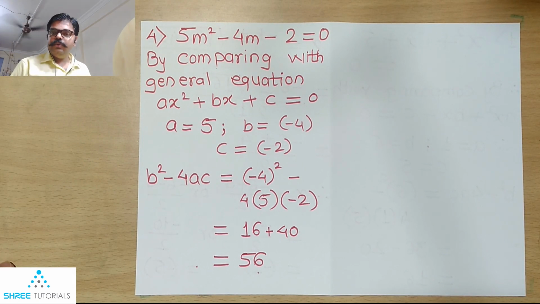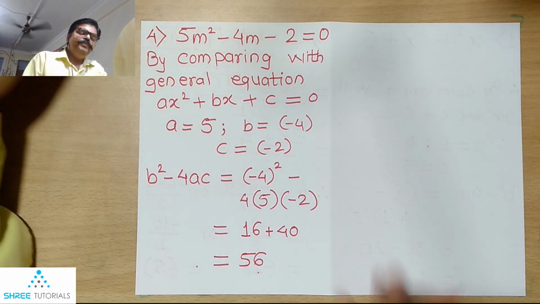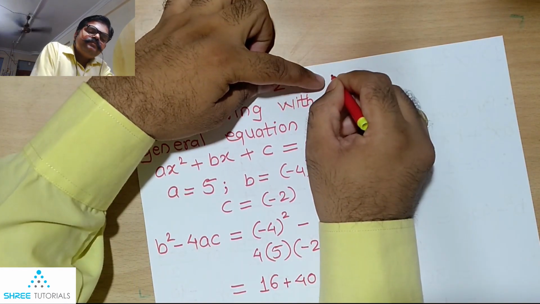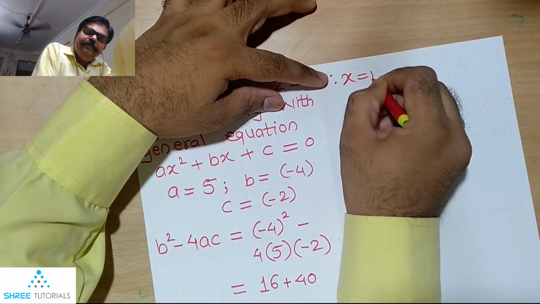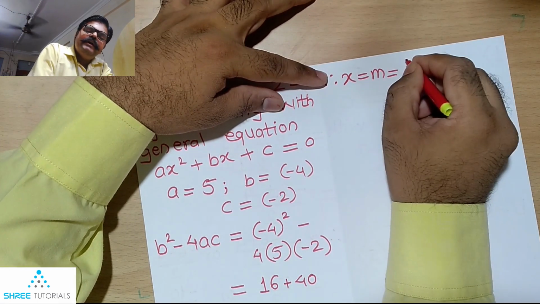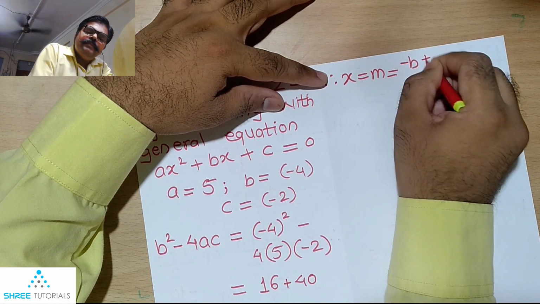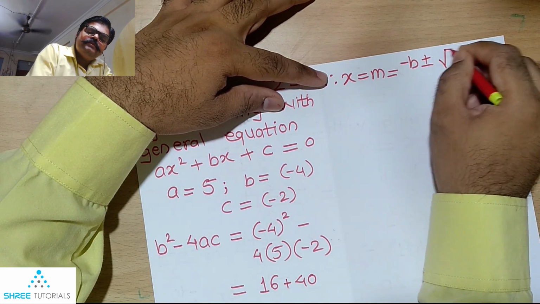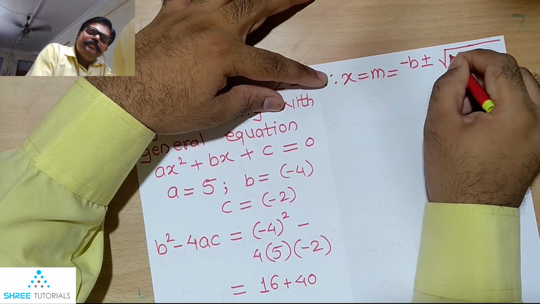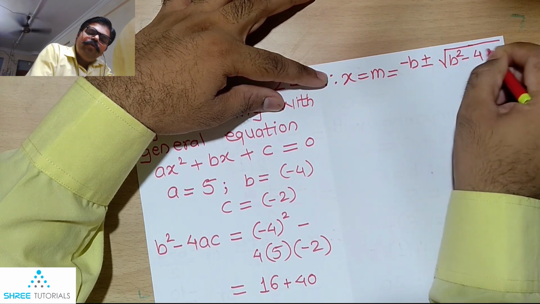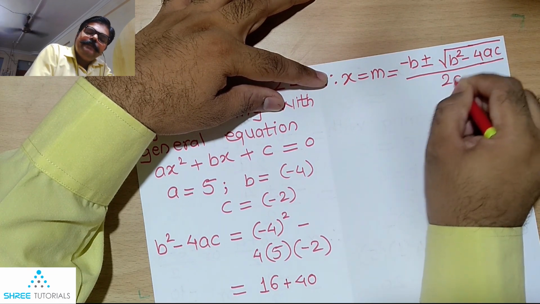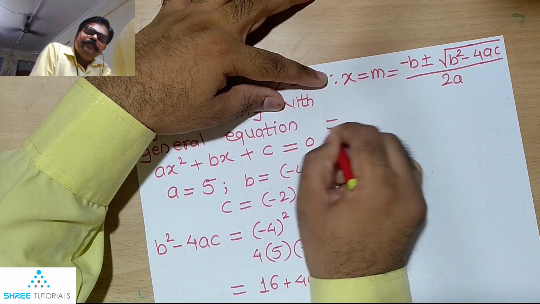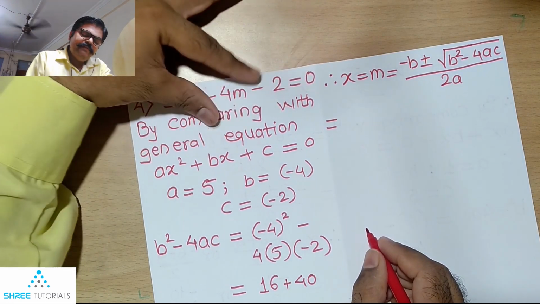Now what we are going to do, we will be using that formula to calculate root of this quadratic equation, and therefore x, we can have the formula minus b plus minus root of b square minus 4ac divided by 2a, and what is the value for minus b they have given us?